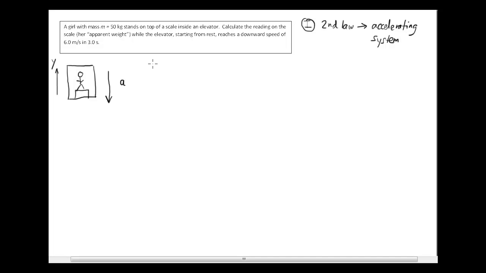Now, in order to understand what's happening here, we have to identify two different forces. The girl is standing on the scale, so she exerts a force on the scale, and the scale exerts a force on her. I'm going to call N the force of the scale on the girl. And of course that's pushing up because the scale pushes up on her.